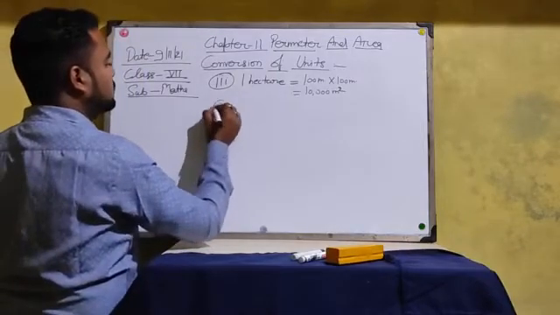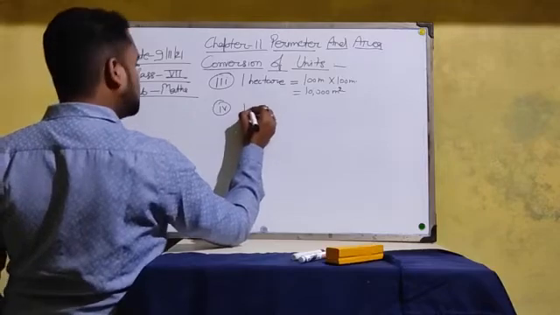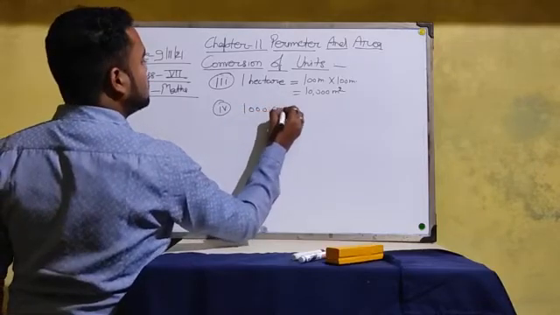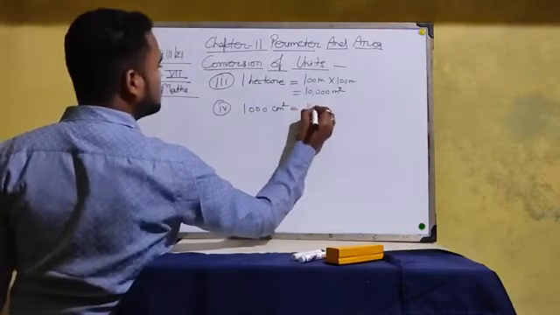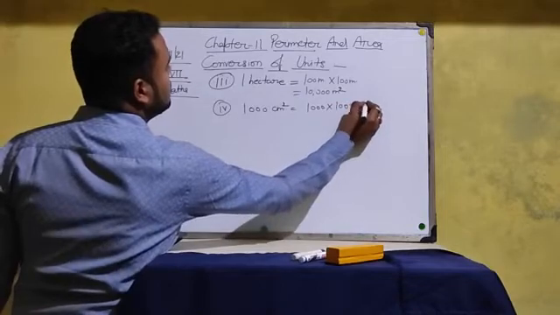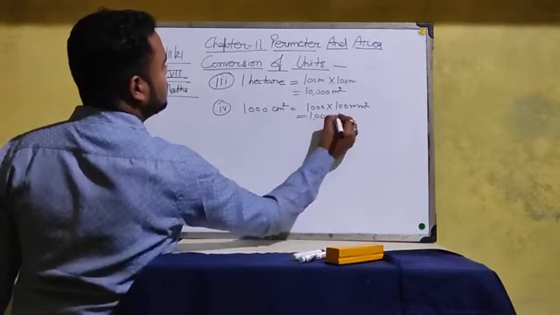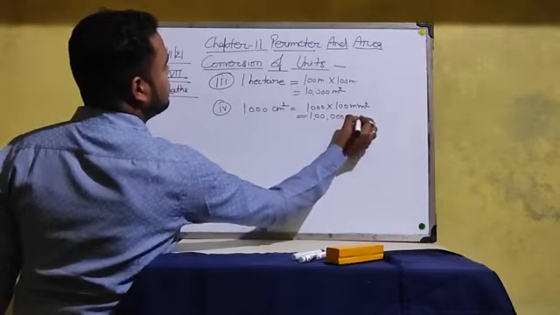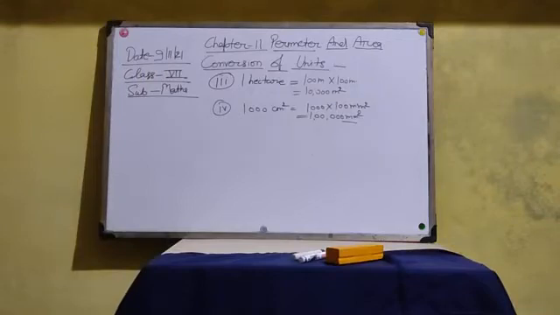Now the fourth one is 1000 centimeter square, which equals 1000 into 100 millimeter square, that is 1 lakh millimeter square. Note it down.